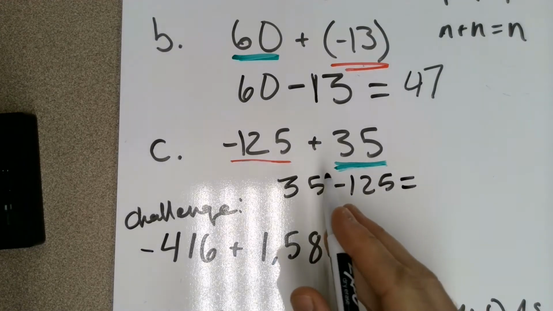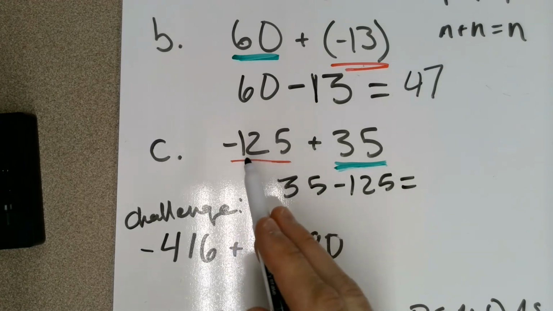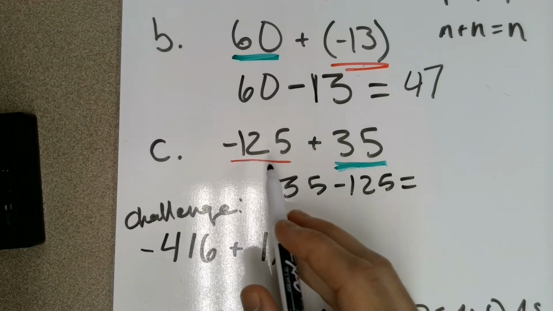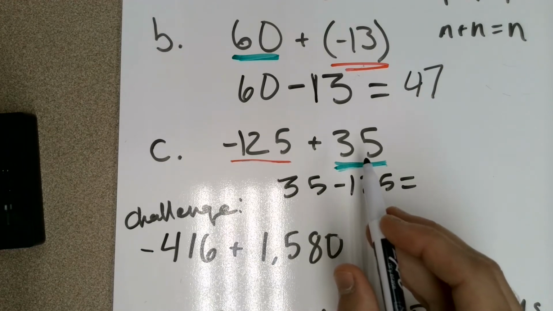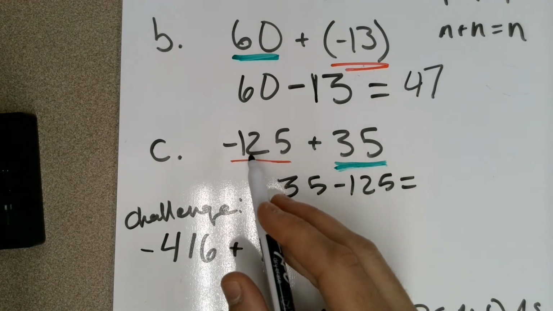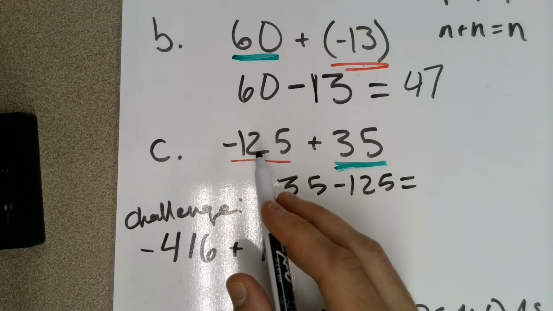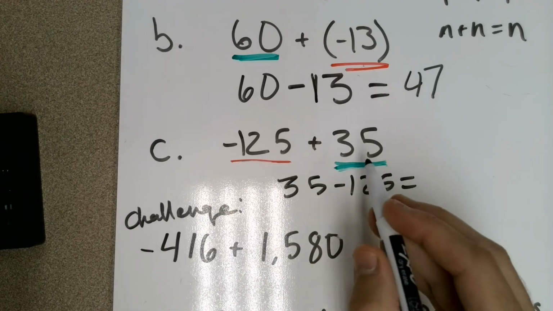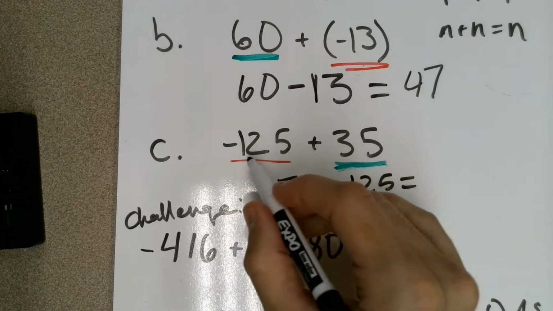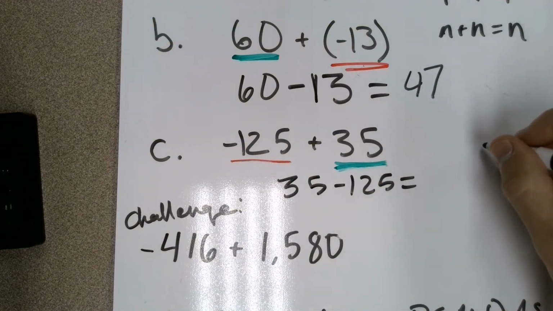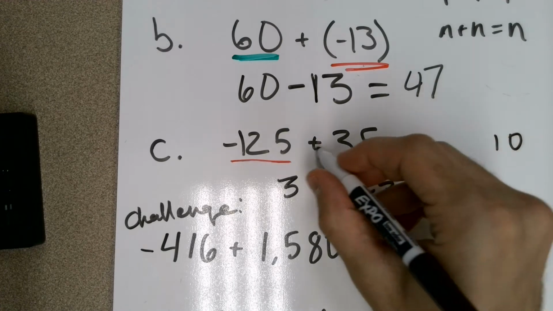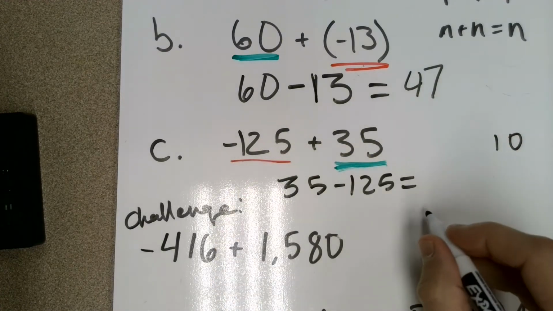But for me, what I'm thinking is I have negative 125 and I have positive 35. So if I'm starting at negative 125 and I'm going to add 35 to that, I'm going to start by adding that 25. I'm going to take 25 away from here, so that'll leave me with 10. And I'm going to put that on to negative 125.